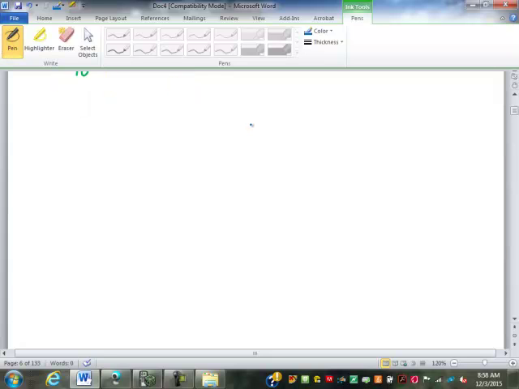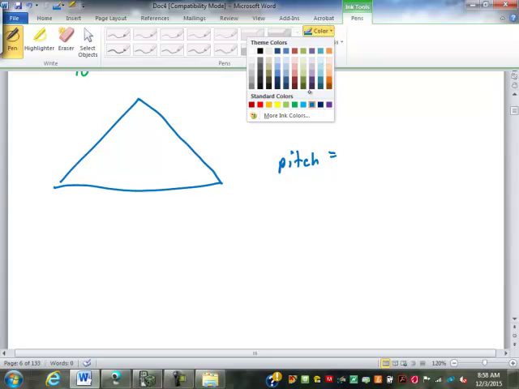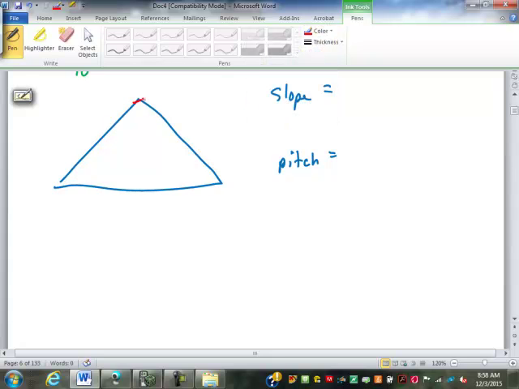A little bit outside of the field of mechanics. In construction, you talk about slopes and pitches. We're dealing with a roof, which has a height and a span.